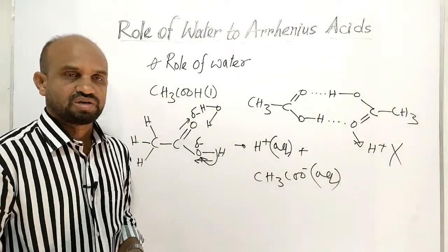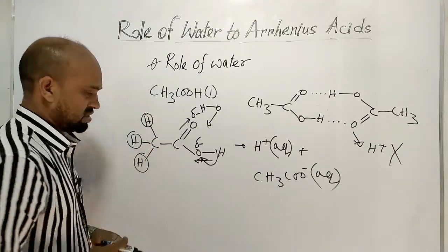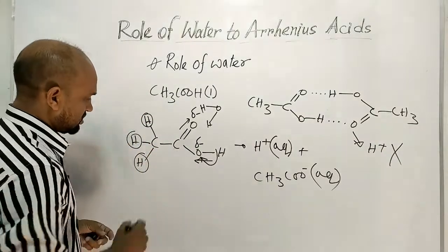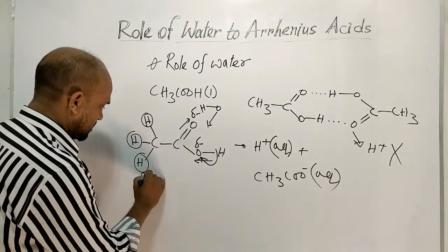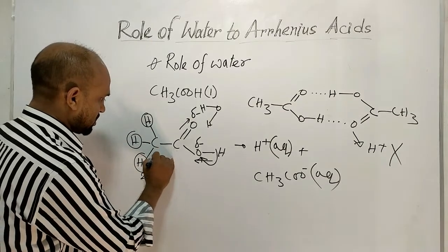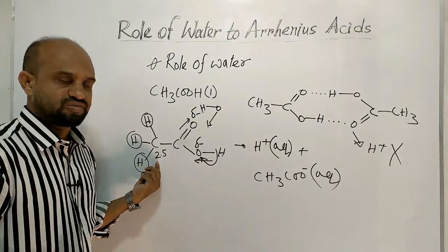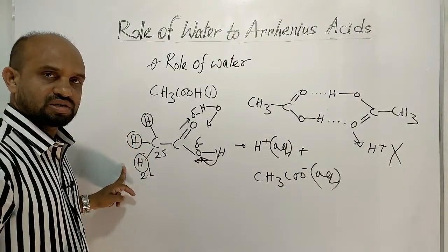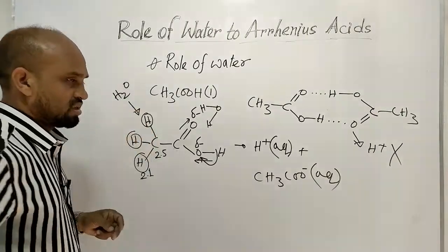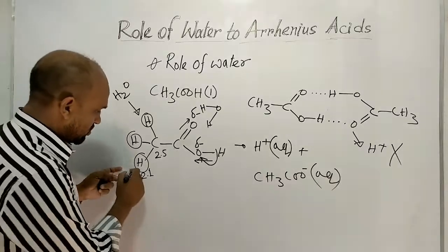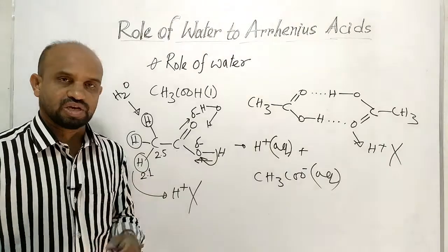One thing should be mentioned here, that is, these hydrogen atoms are not acidic, because in this case the electronegativity difference is very low. Hydrogen's electronegativity is 2.1, carbon's electronegativity is 2.5. Because of its low electronegativity difference, no polarity is created here, and that is why water molecule cannot attack these hydrogen atoms, and finally no protons are formed from this methyl group.